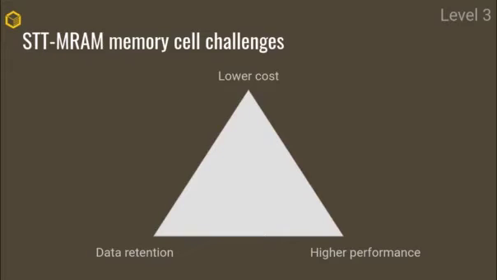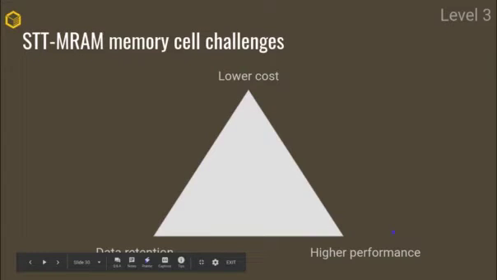So we have this trilemma where, on one hand, we would like to reduce the area, which would also reduce the cost. On the other hand, we have the data retention, and on the last hand, we have higher performance. And we have to make a choice.